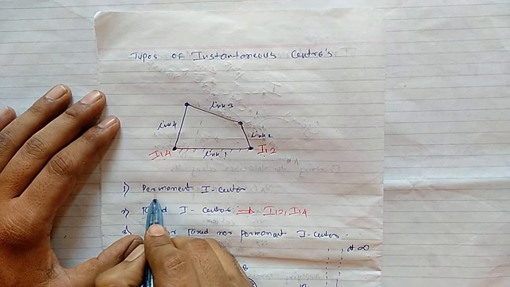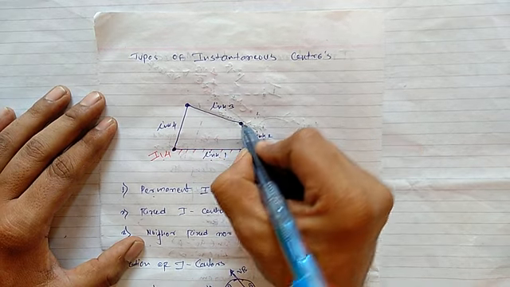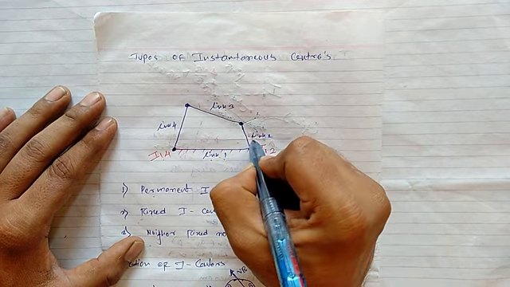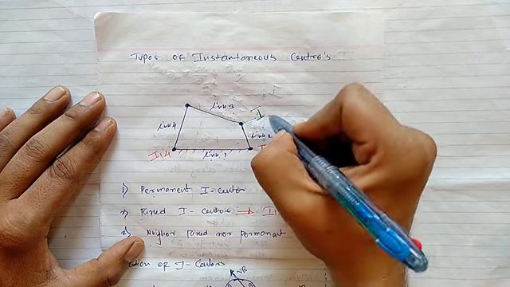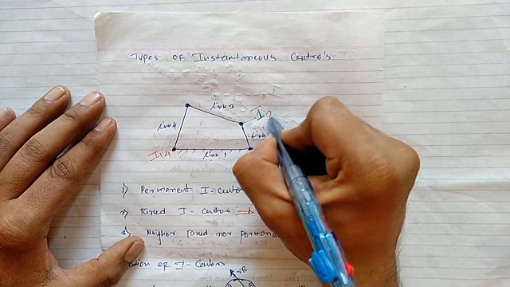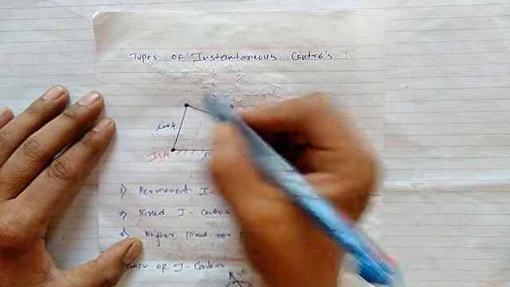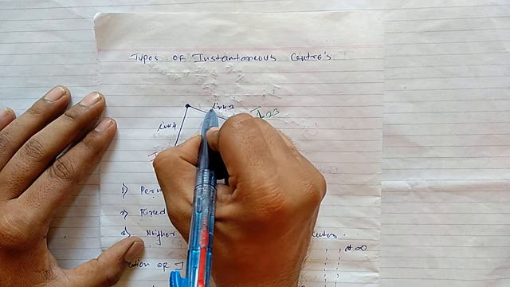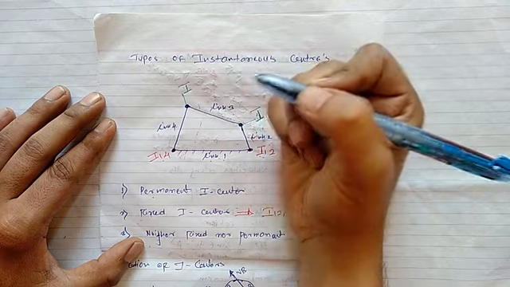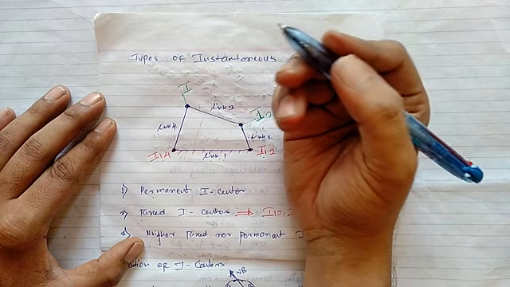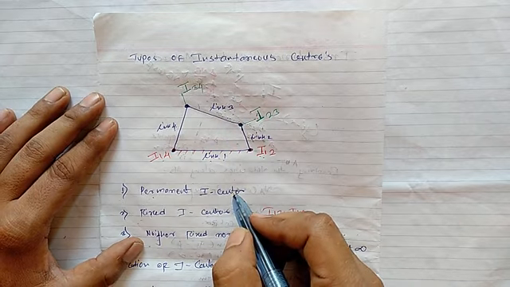Okay. Then next type is the permanent instantaneous center. So where is the permanent instantaneous center? Refer here, this is one point between link 2 and link 3, so the name of that instantaneous center is I 2 3. And here is the last point, on the same link between 3 and 4. Here we get the new point, and the point name is I 3 4. Understood?